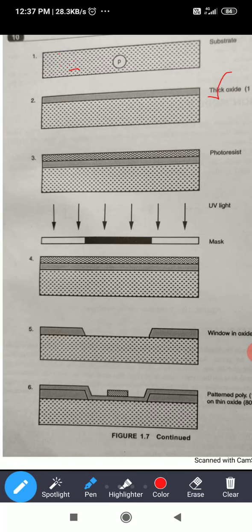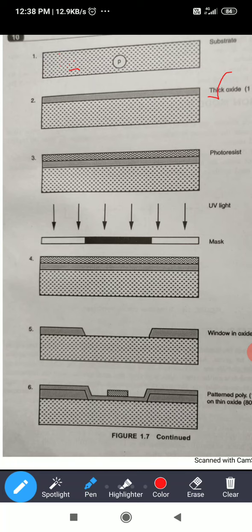Next, we will deposit photoresist. After the thick oxide or silicon dioxide layer, we deposit the photoresist layer in the third step. The surface is now covered with a photoresist, which is deposited onto the wafer by spin coating.